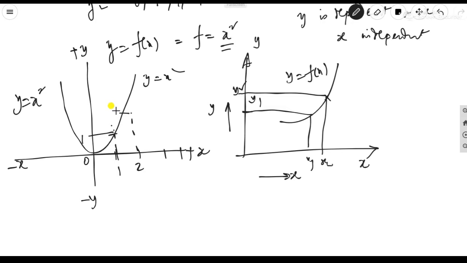Suppose x is 2, then y will be 4. Similarly, for x is equal to 3, we have y is equal to 9. So this is how we are representing a function in a graphical format.